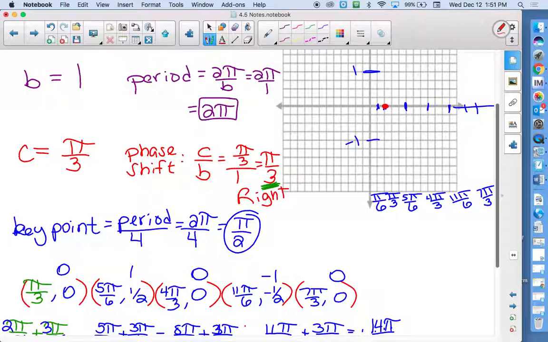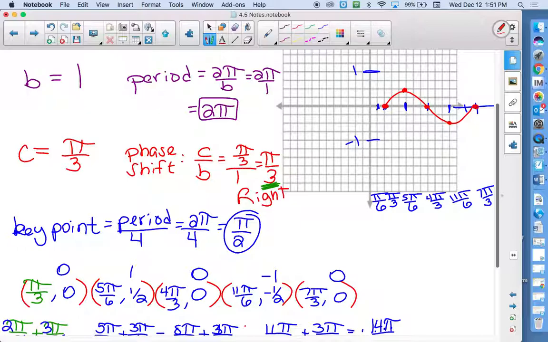Not at pi over 6, not at 0, but at pi over 3. And then it goes up at a half at the 5 pi over 6, back at 0, down to -1/2, back at 0. So you should see now the shift in the graph because it's not starting at the origin. It's shifted to the right.